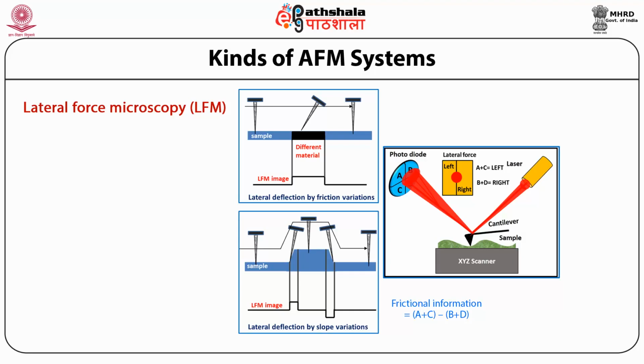The LFM signal, which is related to the change in the surface friction on a sample surface, measures the deflection of the cantilever in the horizontal direction and can be represented as the difference in the signals recorded in the right cell, A plus B, and the left cell, C plus D. The frictional information is equal to the A plus C signals minus the signals coming from the B and D detectors.